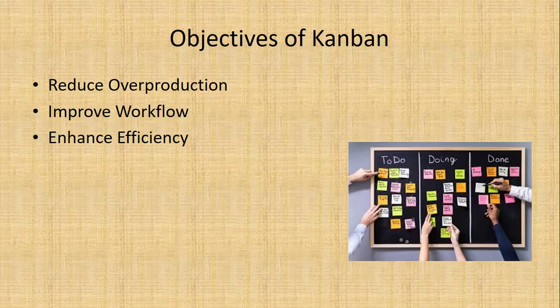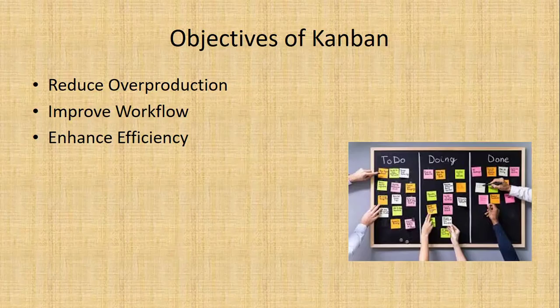The first objective is to visualize the workflow. Kanban uses boards, cards, and columns to represent the tasks and their progress. This helps the team members clearly see what work is being done, what is pending, and what has been completed.